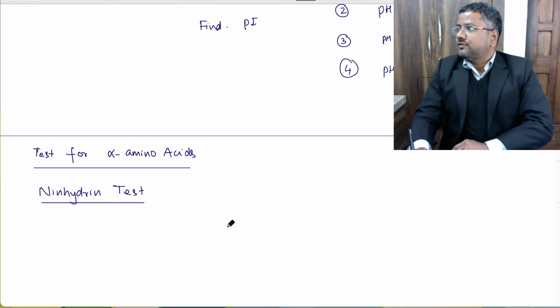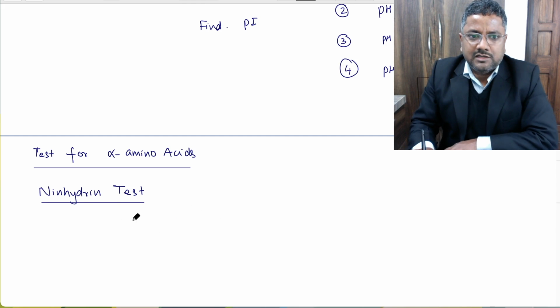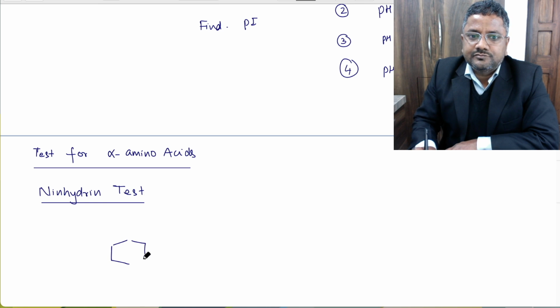And actually, this ninhydrin is an organic compound, not the name of any scientist. This is ninhydrin.